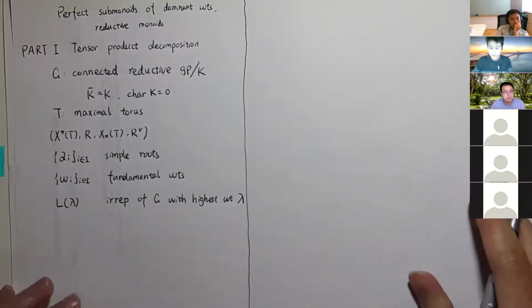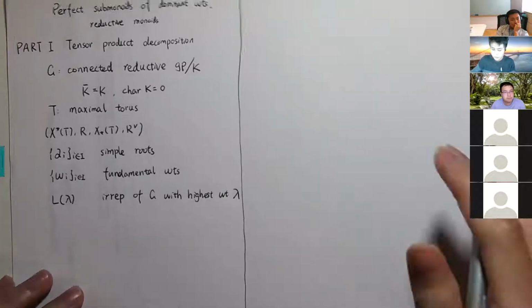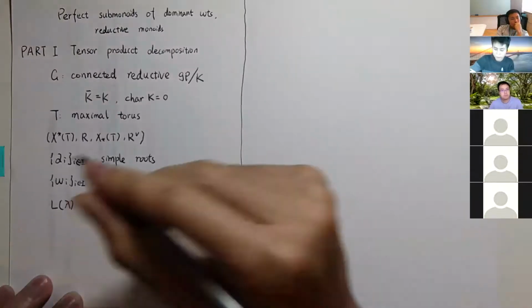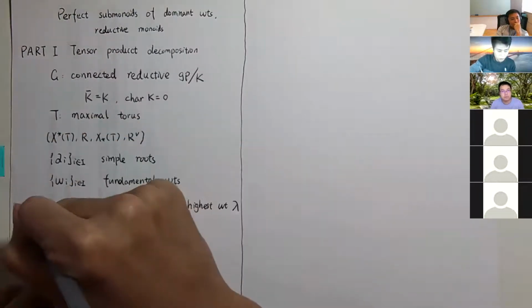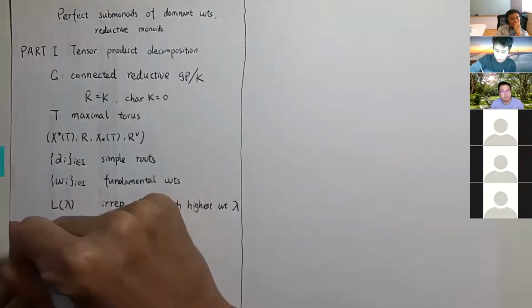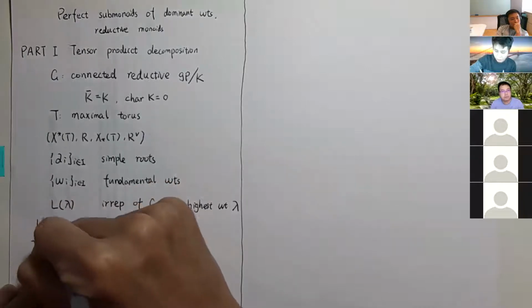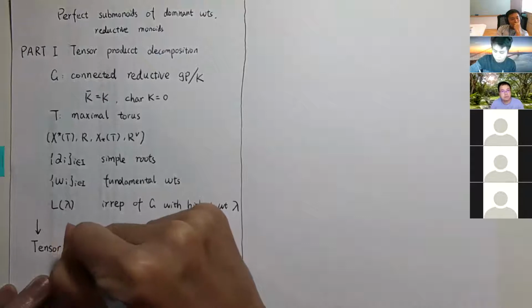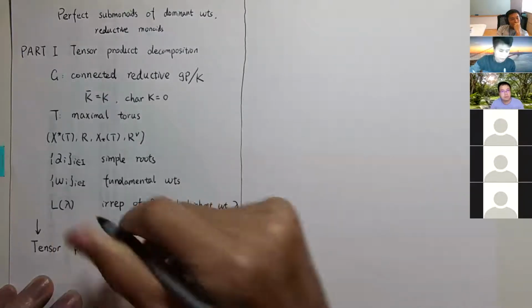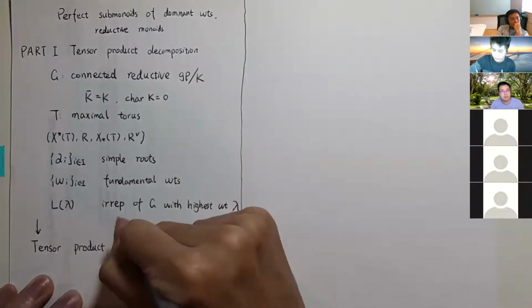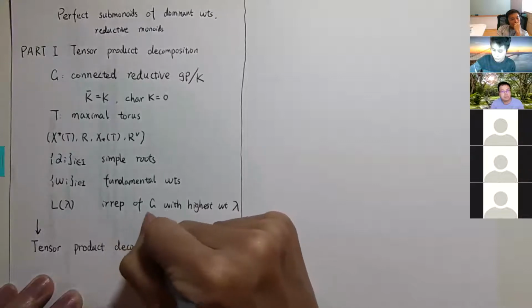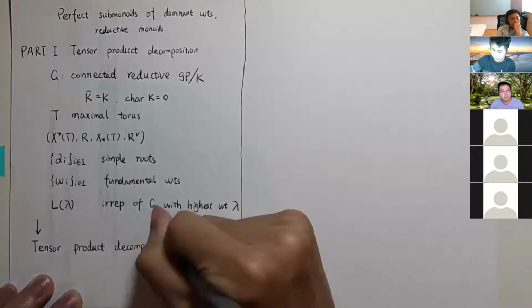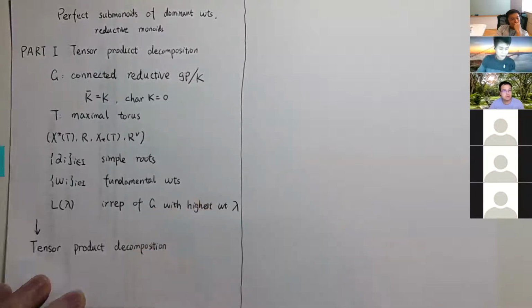The feature I want to talk about first is the tensor product decomposition. It is a natural problem in representation theory, and it has been studied for many years. Oh, sorry, I missed an i here.